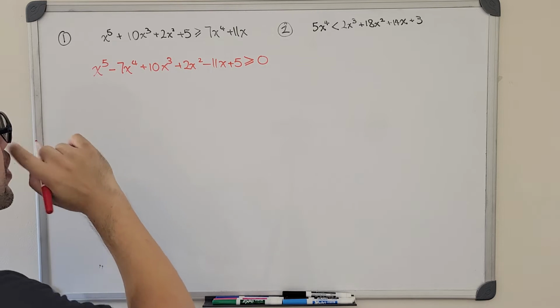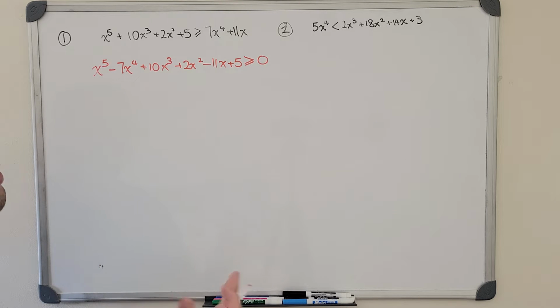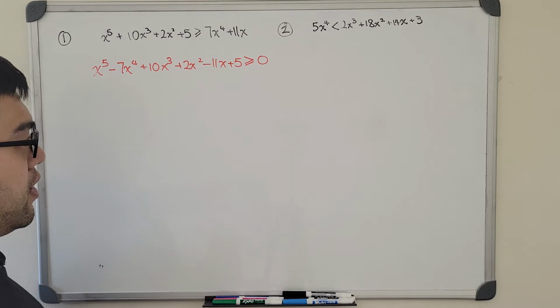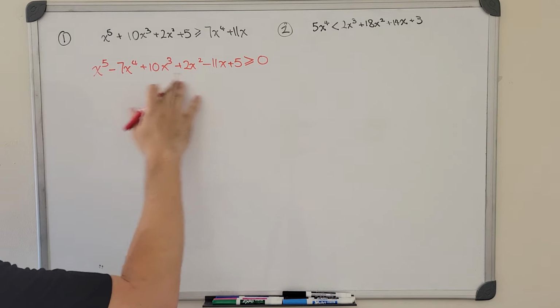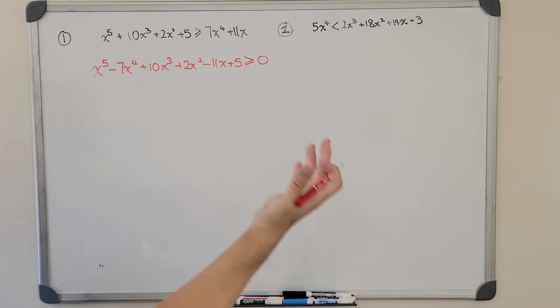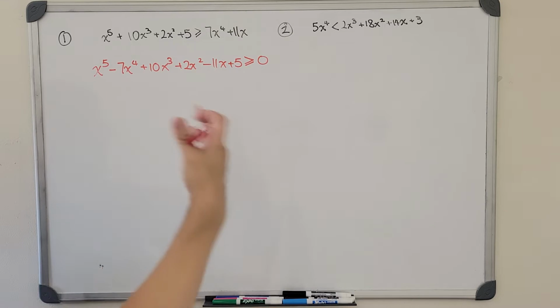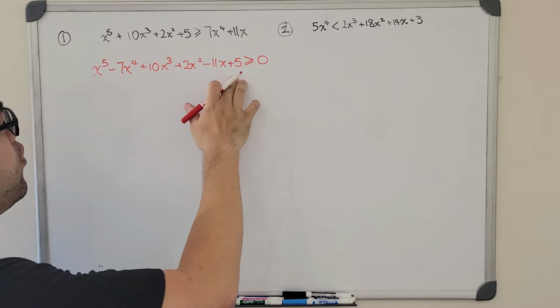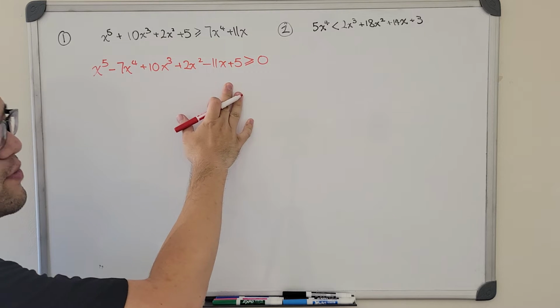So here we can try some nice numbers, and see if we're lucky enough to get that this expression is 0, so that we can say that x minus that number is one of the factors of this expression.